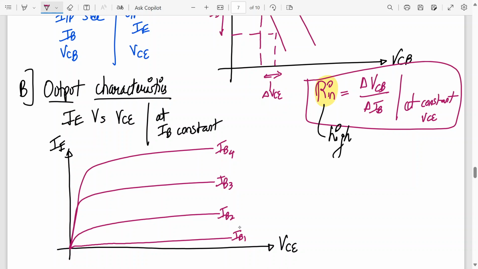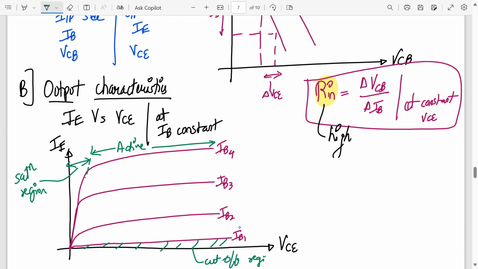From here also we can determine the cutoff, saturation and active regions. Here this is the saturation region. This will be the active region, and the final one will be the cutoff region.